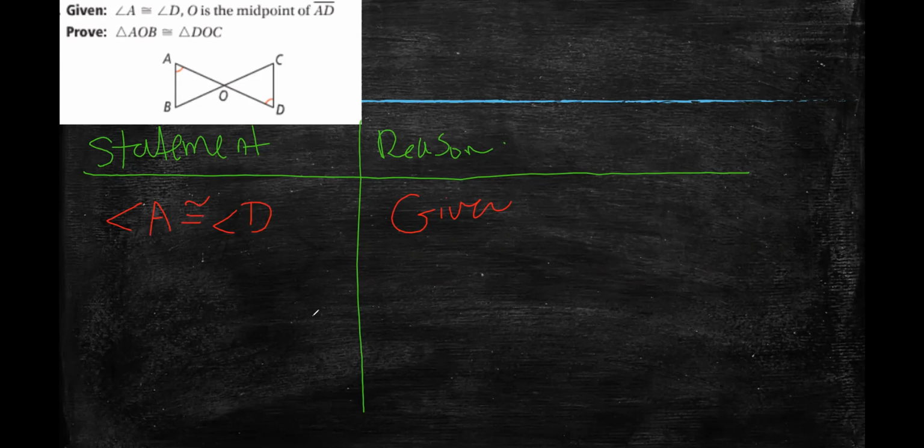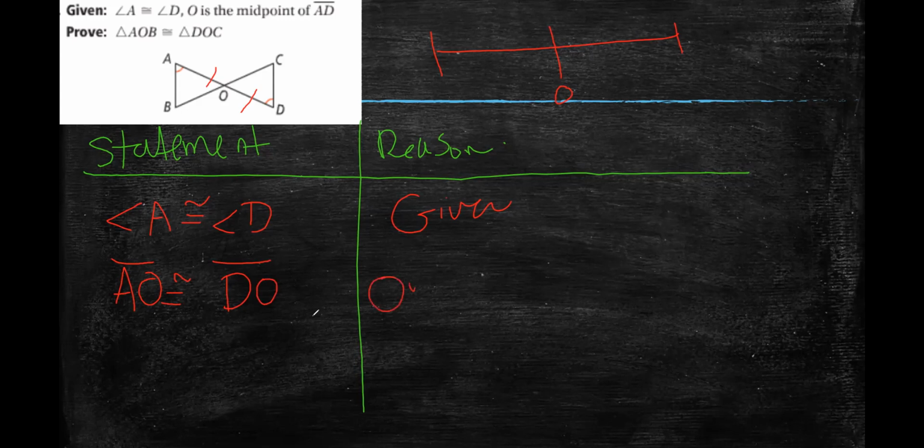Since O is a midpoint, if I have this line and I told you point O is a midpoint of this line, what does it mean? It means this point cuts the segment into two equal sides. So it makes AO equal to DO. I will say now line segment AO is congruent with DO. Why?